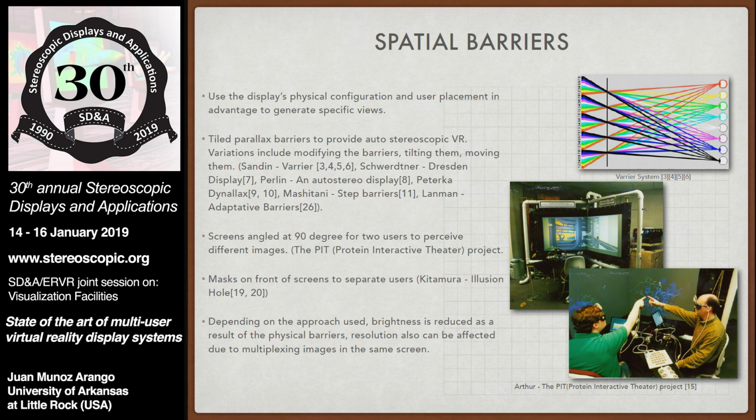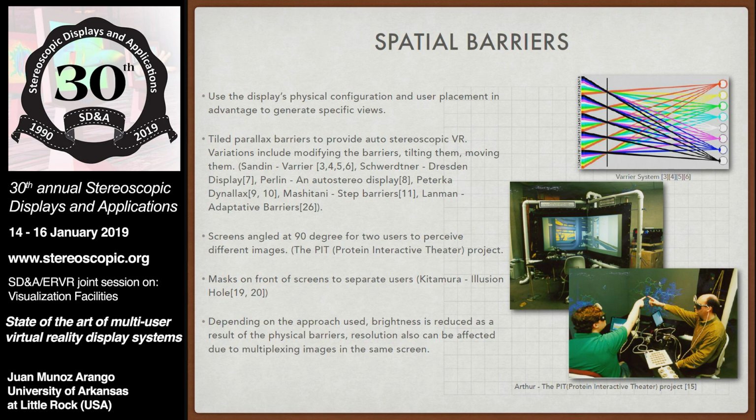The PIT, or the Protein Interactive Theater, you can see here that they angle screens at 90 degrees. With this, they manage to pinpoint with exactitude in space parts of a molecule or something in 3D.